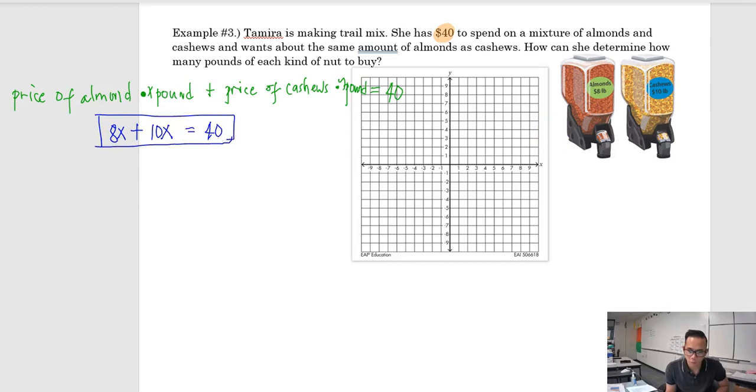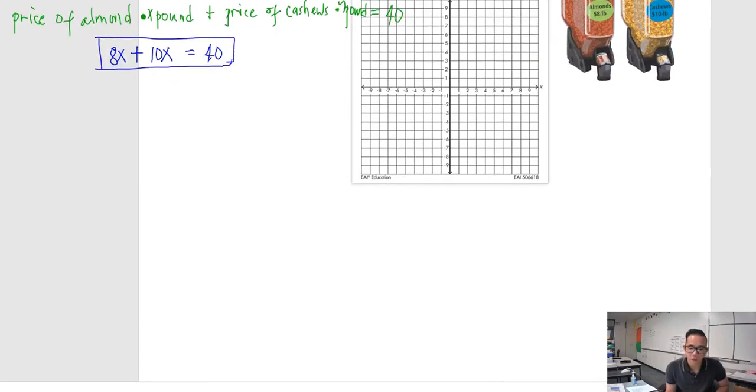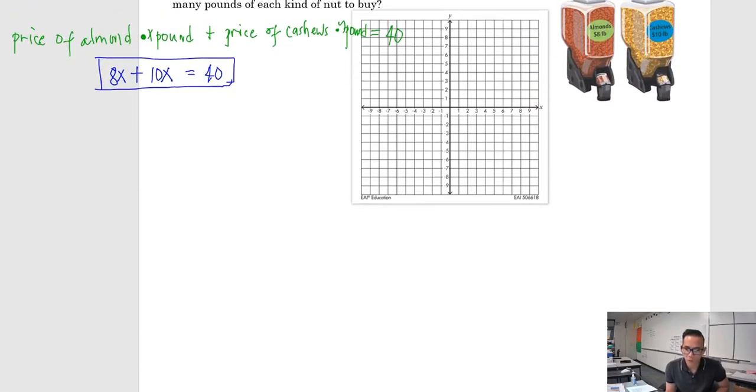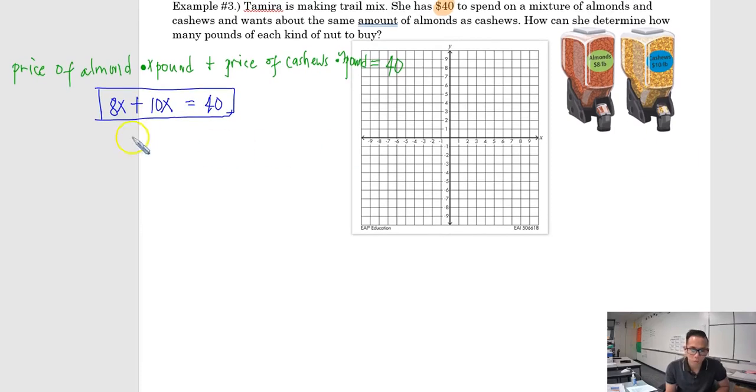The same way, we have to find the x and y intercept. I'm going to let x be 0. That will be 8 times 0 plus 10. Oh, sorry, this is y. Sorry about the mistake there. This is 10y. There we go.